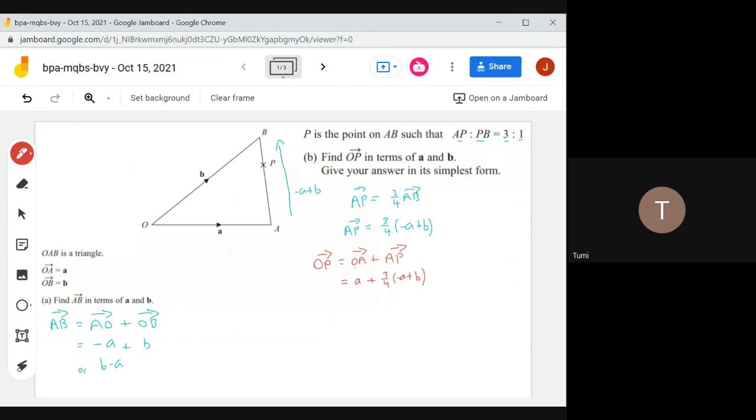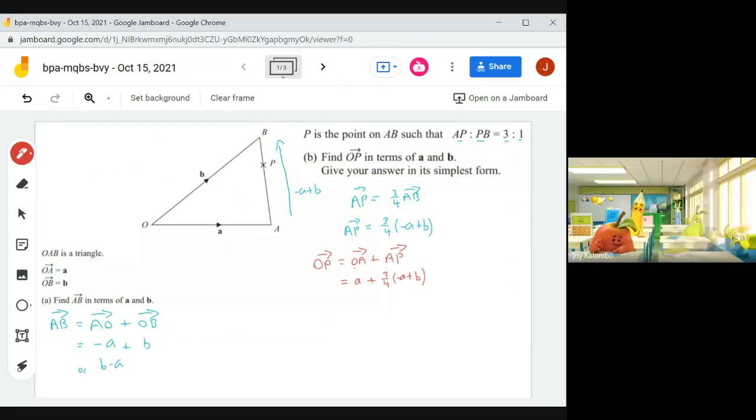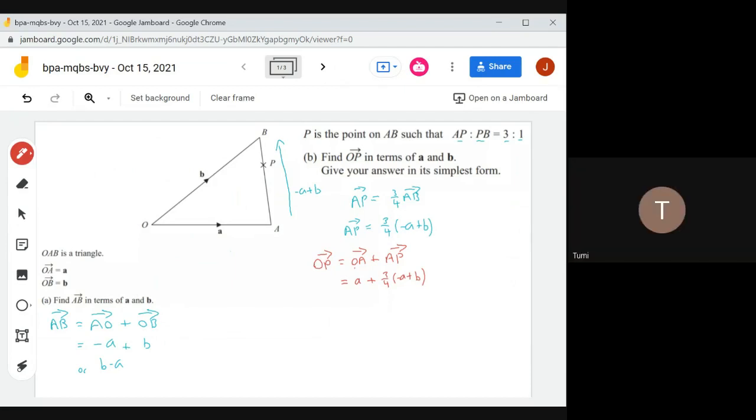Would it be minus 3/4 A plus minus 3/4 B, and then you add A? Minus 3/4 A, I agree with. And then what? 3/4 B. Yes, plus 3/4 B, not minus. Oh yeah, I think you said plus minus.